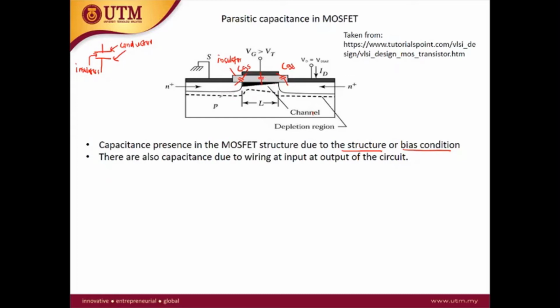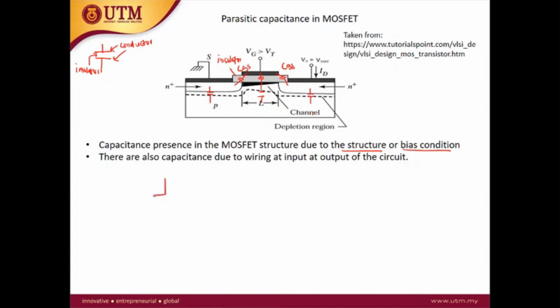In fact, for a more detailed analysis of the MOSFET, you can identify many contributions of capacitance. For example, inside here there will also be a capacitance, and there will also be capacitance here. But for this course, we will simplify and only consider certain parasitic capacitances inside the transistor.